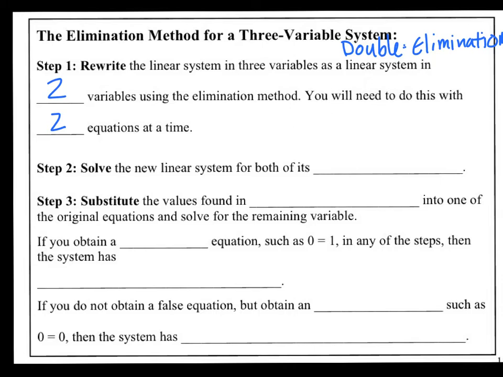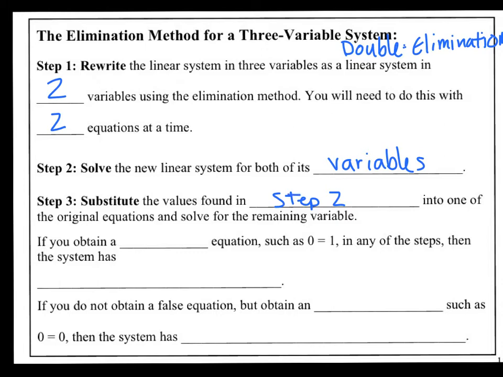Then you will solve those 2 equations that you now have, that new linear system, for both of its variables. Once you solve, that's a normal system of equations like you have done in the past, you're going to substitute the values you found in step 2 into one of the original equations and solve for the remaining variable.